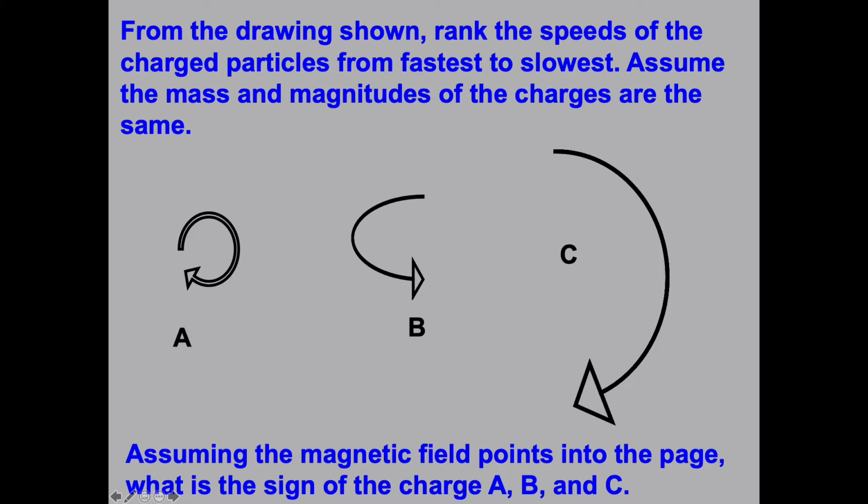Assume that the mass and magnitudes of the charges are the same. And assume that the magnetic field points into the plane of the page, or into the board, or into the screen, okay? Which object, you guys tell me, which object has the greatest velocity? Which one's the fastest?